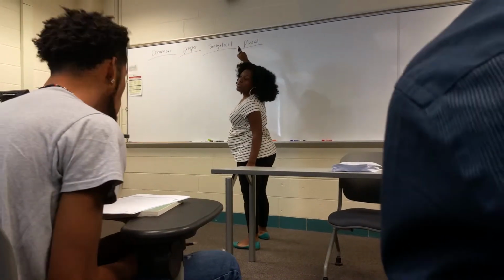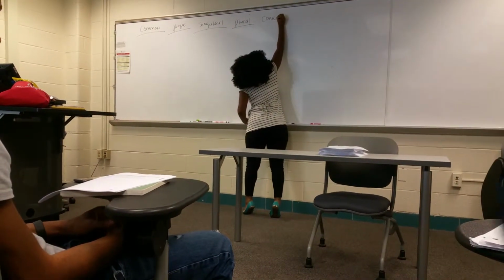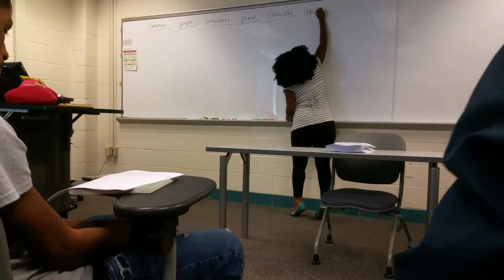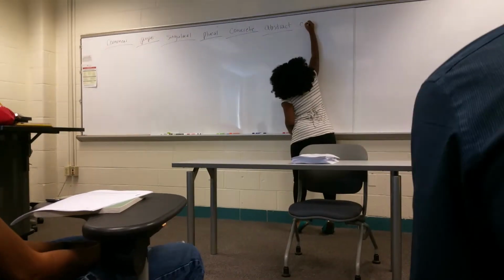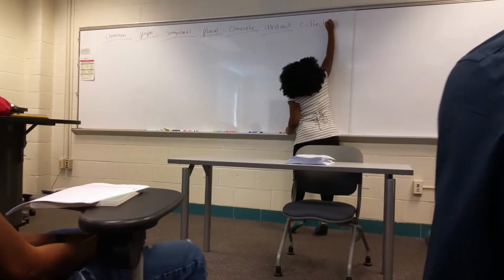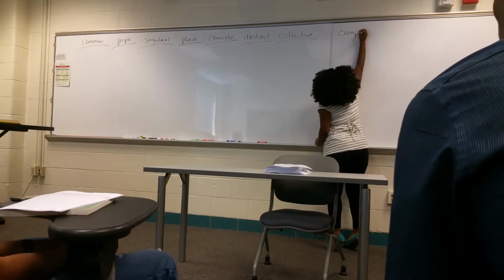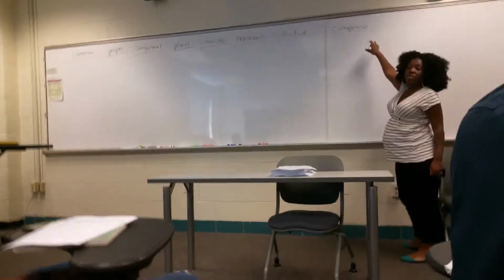I think I'm going to do concrete next. Concrete. Collective. All right, I'm going to do collective in a second. Abstract. Collective. What else? Compound. What else? That's all from your list?